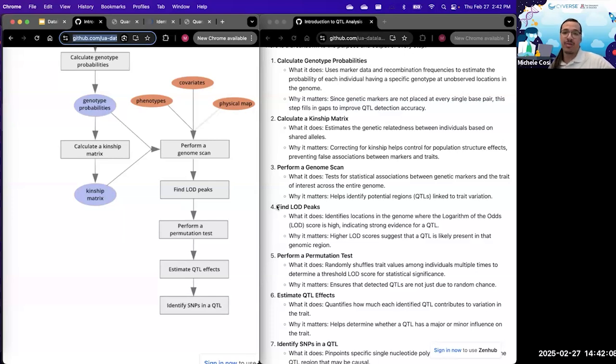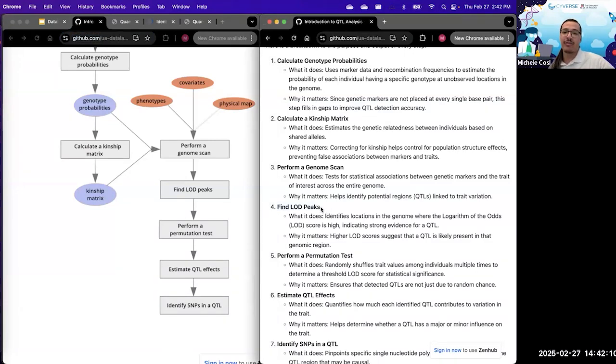I remember finding my first LOD peaks and being extremely happy and essentially calling it a day. LOD stands for logarithm of odds, and essentially the higher the odds for a specific QTL, the more likely this specific QTL is important to this specific trait.